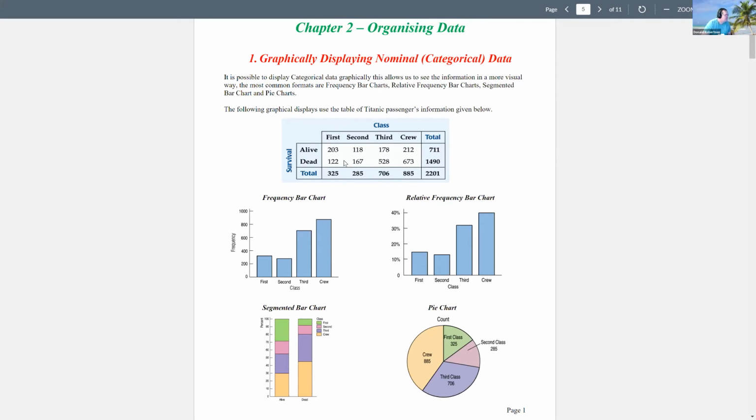More of them lived, percentage-wise, than, for instance, the crew. That is a fact, right? Percentage-wise, very roughly, 2/3 of the first-class passengers lived, and about 1/4 of the crew lived. You see, there's definitely a disparity there. And that's a fact. Now, interpretation.